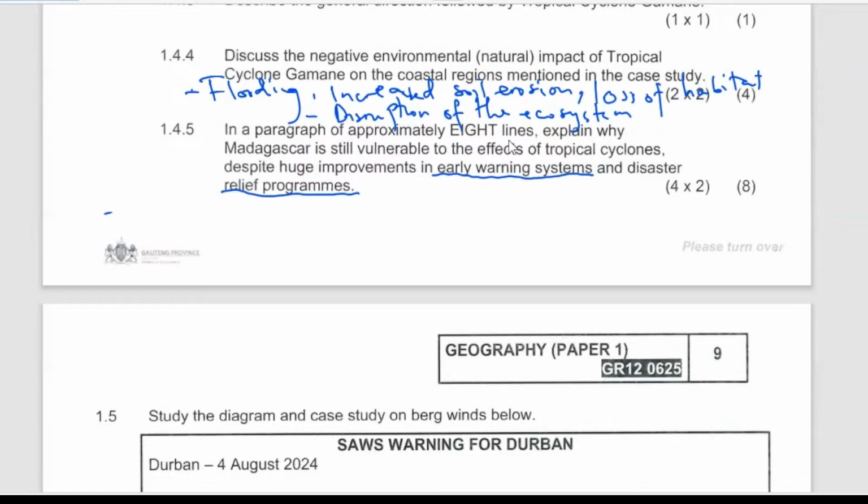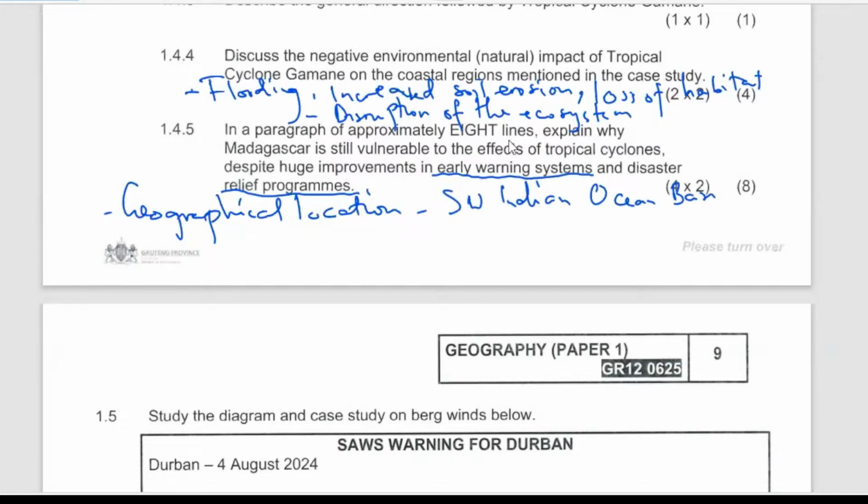So what might be the implication? Right. We can talk of the geographical location. The geographical location of Madagascar. Where is it located? We are seeing that Madagascar is located on the southwestern Indian Ocean basin.